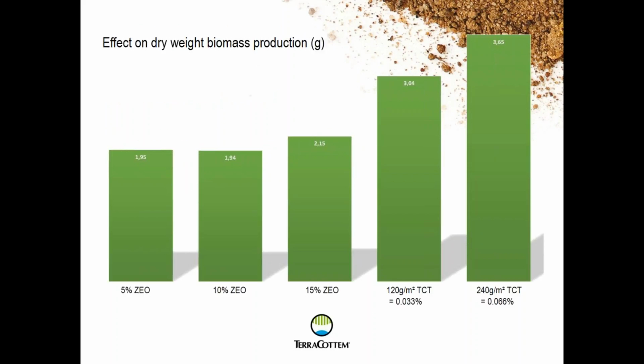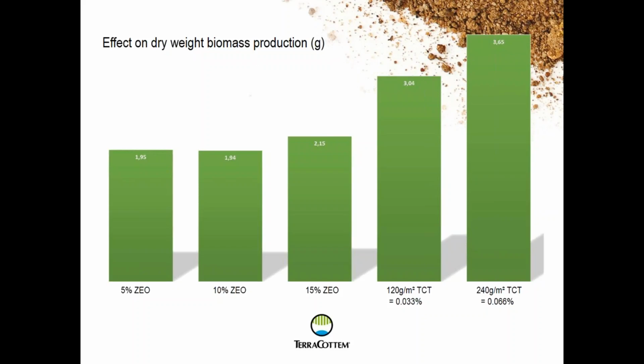This is the effect on biomass production. The fourth column is the normal application rate of TerraCottem turf. The last column is a double application rate. So you can see the much higher effect on biomass production by adding TerraCottem turf. And look at the application rates. We've compared 5, 10 and 15% on weight basis application rate of zeolite.